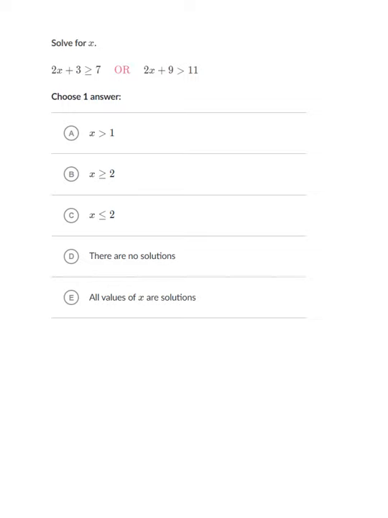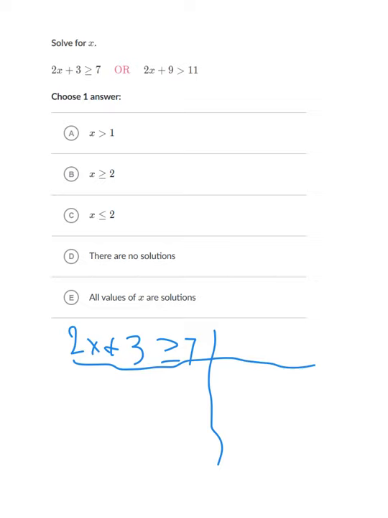Okay, so let's solve each inequality. So I have 2x plus 3 is greater than or equal to 7. And I have 2x plus 9 is greater than 11.